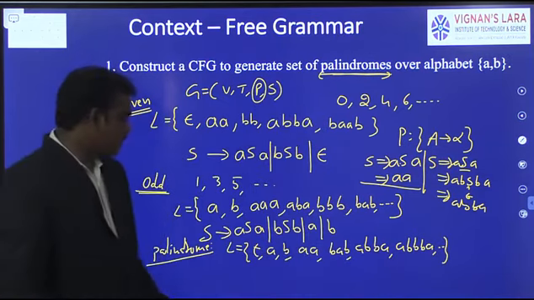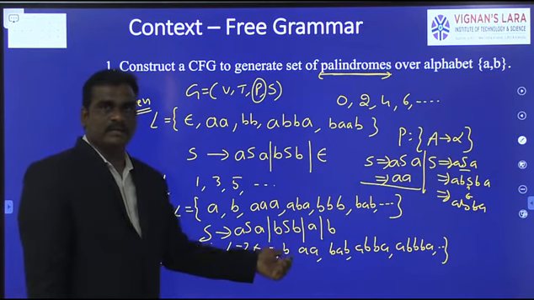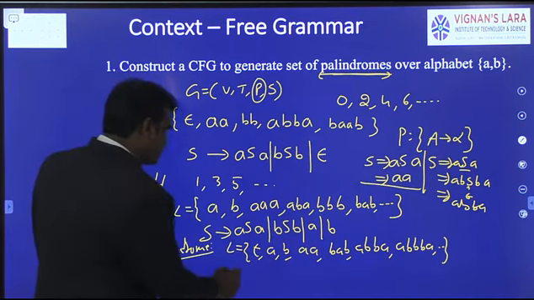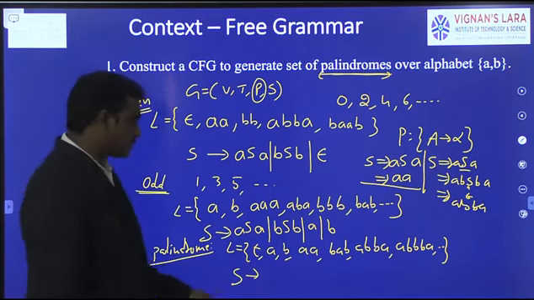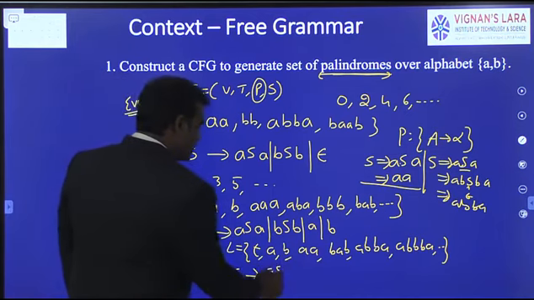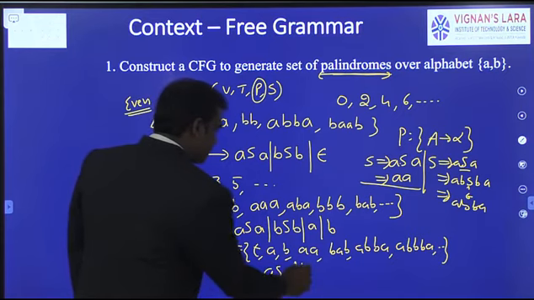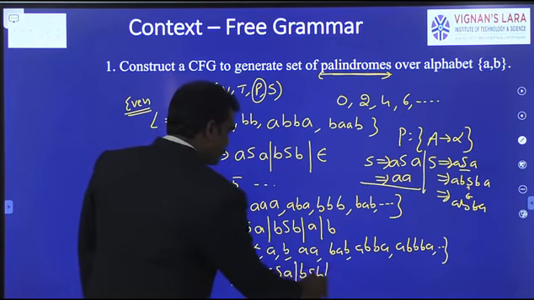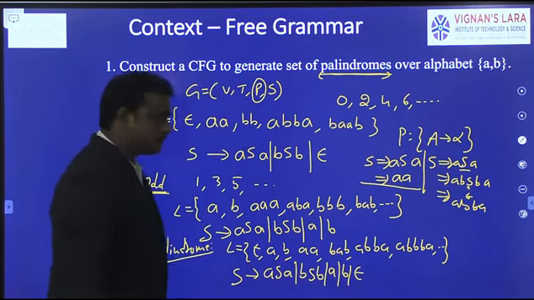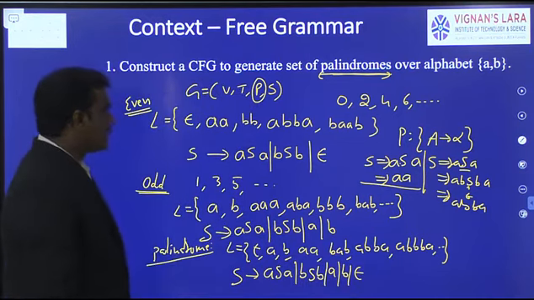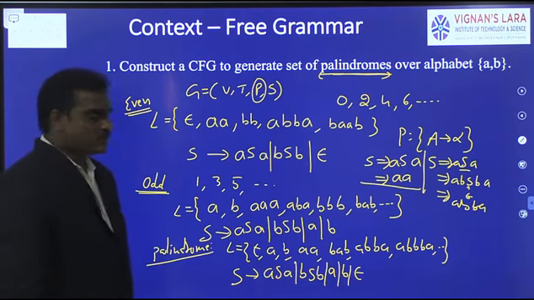It is a combination of both even length and odd length. Now the grammar is S → A S A, B S B, A, B, or epsilon.